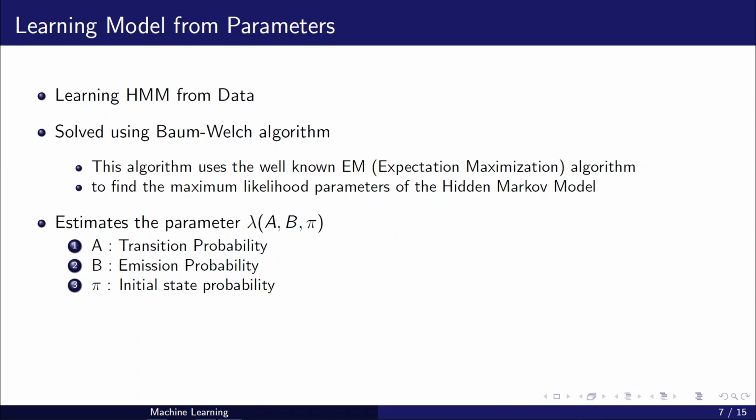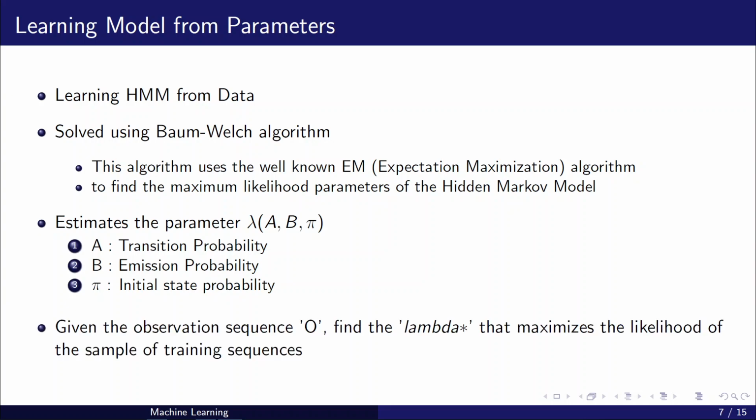In such a situation, for identifying the MLE or MAP, you will have to use the expectation maximization algorithm. So here also we will be using the expectation maximization algorithm. Given the observation sequence O, you have to find lambda star that maximizes the likelihood of the sample of training sequences.